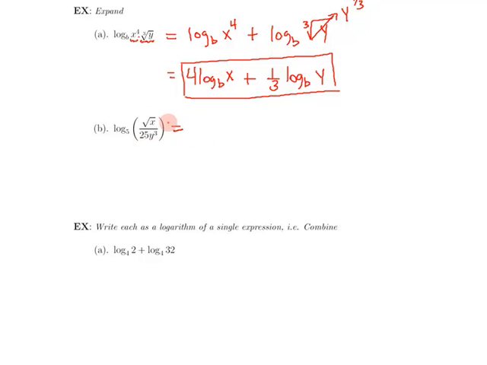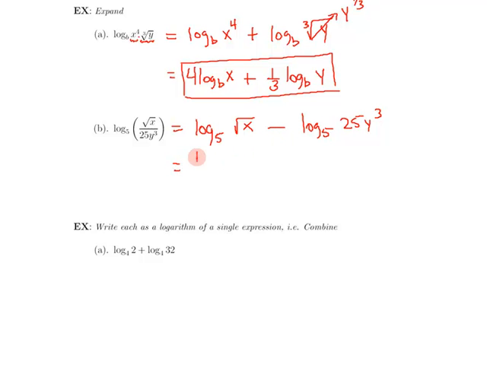I can't pull out powers yet because the whole inside isn't raised to a common power. So I end up with log base 5 of the square root of x minus, because it's a quotient rule, log base 5 of 25y cubed. Remember that the quotient rule ends up with two logs.